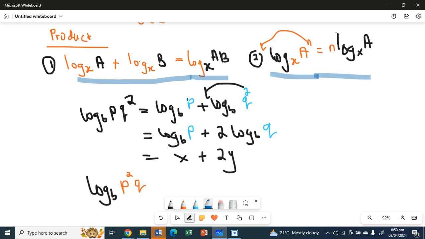Whenever you see an exponent in the logarithm, what you do with the power rule is bring the exponent in front of the logarithm. So with this question here, log_b p q squared, we apply the product rule. It breaks down to log_b p plus log_b q squared. Are we okay with this, sir?